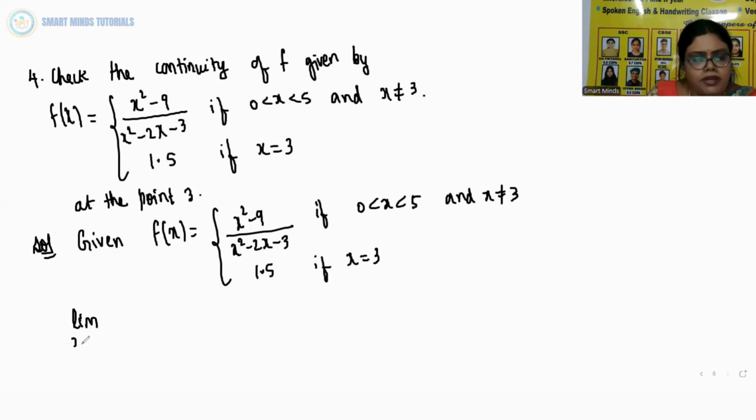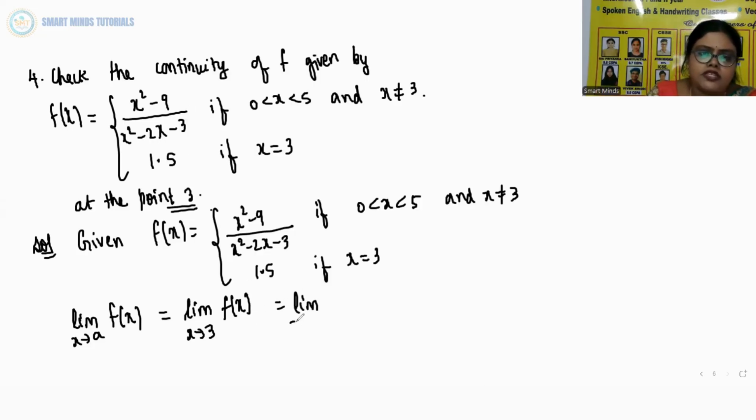Now we take limit x tends to a f of x. So in the place of a we take 3 because over here it is given at the point 3. So x tends to 3 f of x. Now we take the first function, that is limit x tends to 3, x square minus 9 by x square minus 2x minus 3. So directly if we substitute, we are getting 0 by 0, that is indeterminate form.